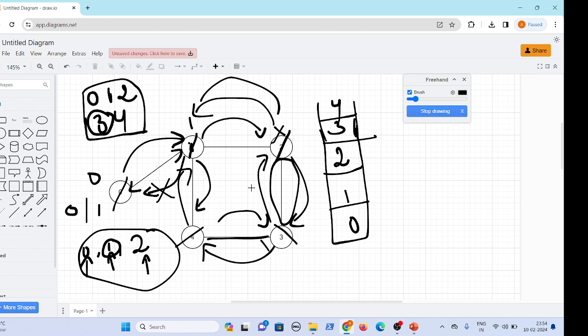When you start from a vertex, you will reach all vertices in undirected graph, whereas that is not possible in directed graph, because there can be condition like 0 to 1. Okay, and it can be condition like 2. Now, if I start traversing from 0, what I'll get? I can traverse only 0 and 1. I cannot traverse 2. So, in one go, you cannot traverse all its vertices, okay? But in undirected graph, that is possible.